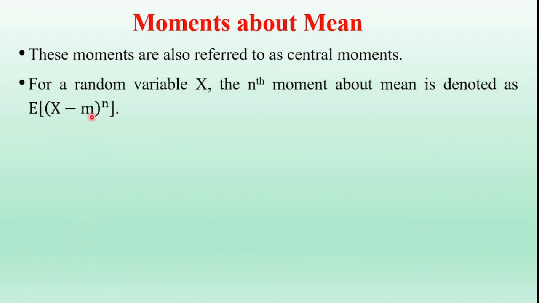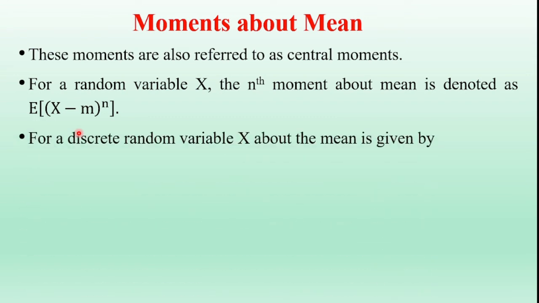For a random variable capital X, the nth moment about the mean is denoted as expectation of (X minus m) whole to the power of n. Moment about the mean is also called a central moment. Similarly, for the discrete case, what is the moment about the mean expression? And for the continuous case, what is the expression of the moment about the mean?